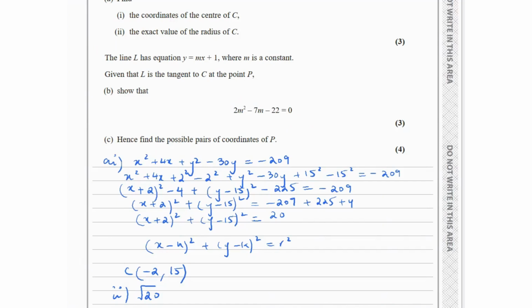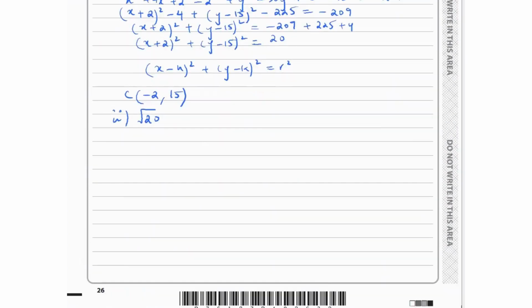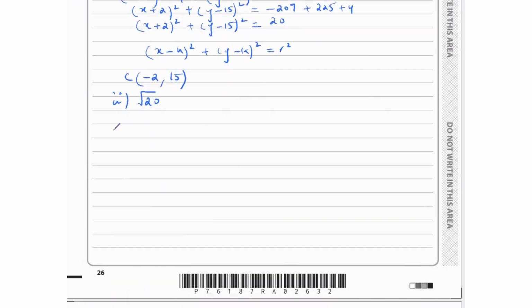So to solve part B, what we're going to do is first find the intersection of the line and the curve, make an equation, and use the discriminant as well, because the line and the curve are tangent to each other. So let's begin with substituting y equals mx plus 1 in the curve first.